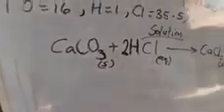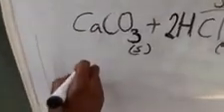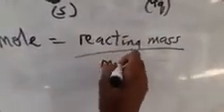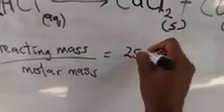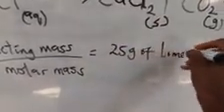Remember the formula for obtaining the mole: mole is given as reactive mass over molar mass. So the reactive mass of limestone here is 25 grams.